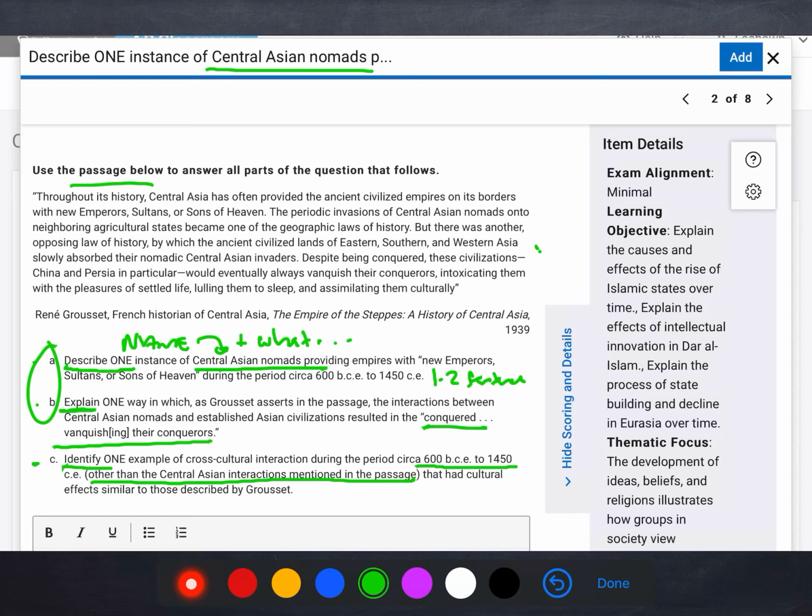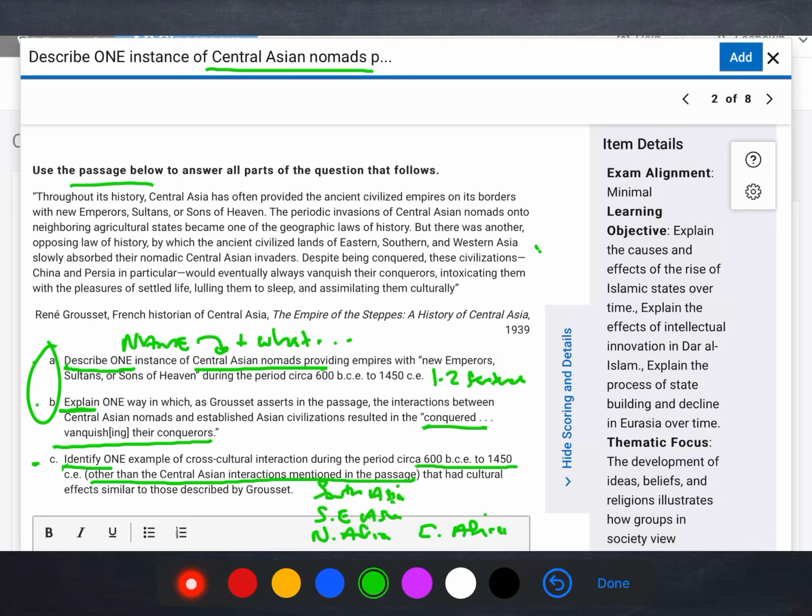If I'm thinking outside of Central Asia, I'm thinking about maybe South Asia. Maybe I'm thinking about Southeast Asia. I'm thinking about North Africa. Maybe I'm thinking about East Africa. Where are also my other examples? So again, you're putting this all together and answering this here.